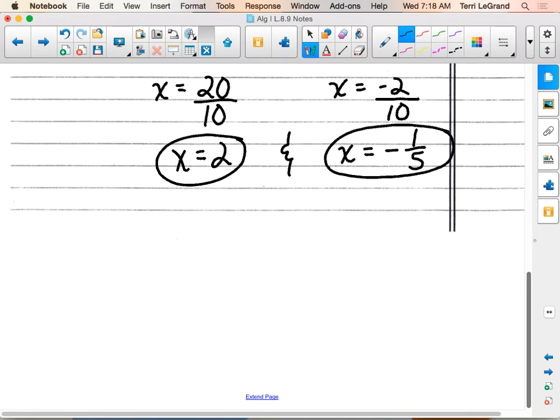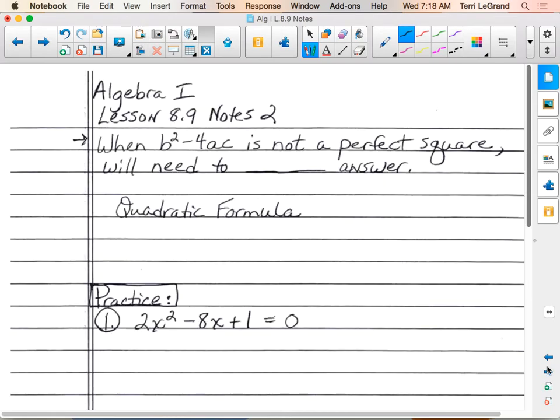Okay, we again have two solutions, two locations where the parabola crosses the x-axis, two zeros, two x-intercepts, two roots, all those ways I said we could talk about zeros as solutions.